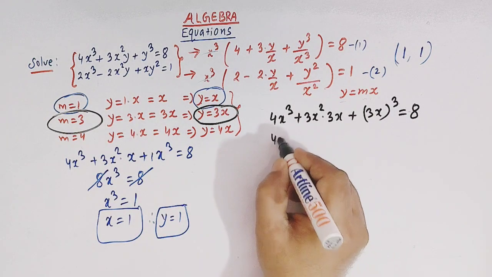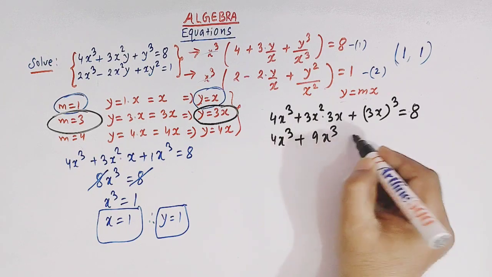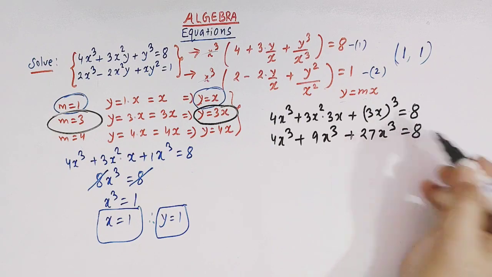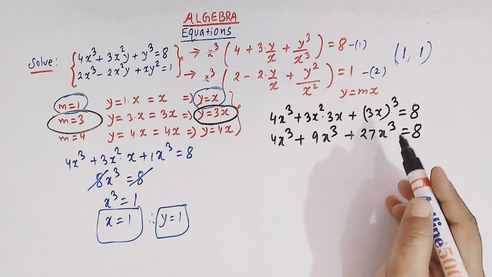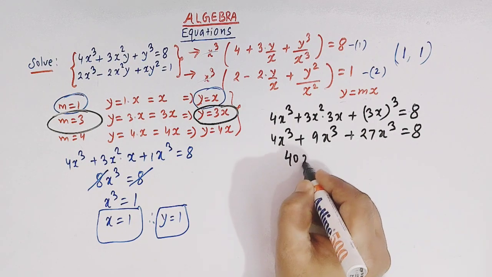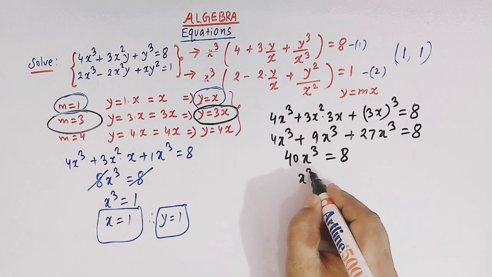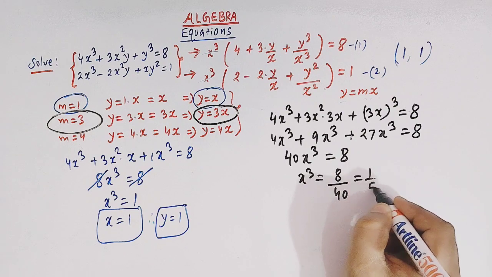So now we have 4x cube plus 9x cube, and here 27x cube equal to 8. So this is 9 plus 4, 13, plus 27, that is 40x cube equal to 8. So x cube is 8 over 40, that is 1 over 5.